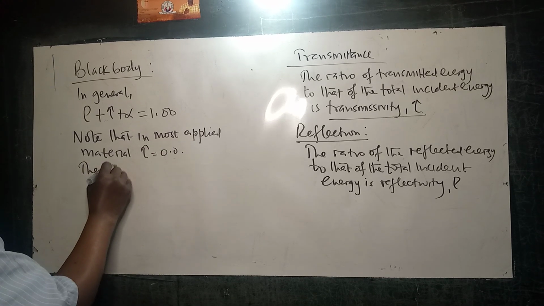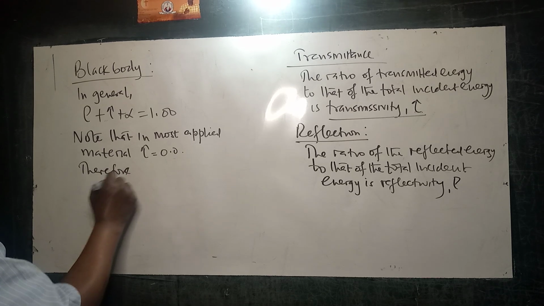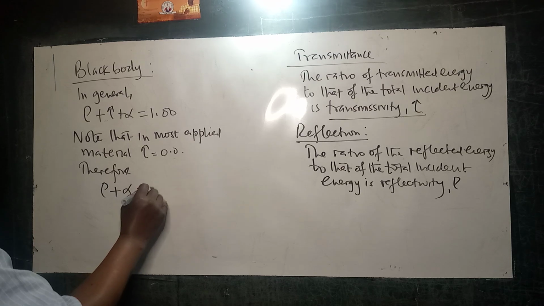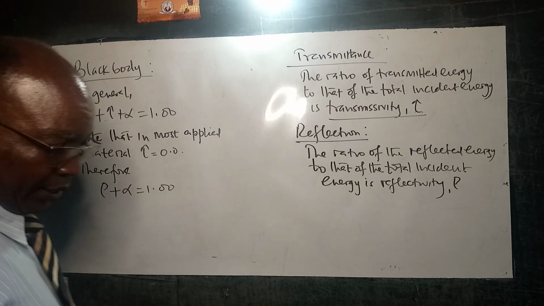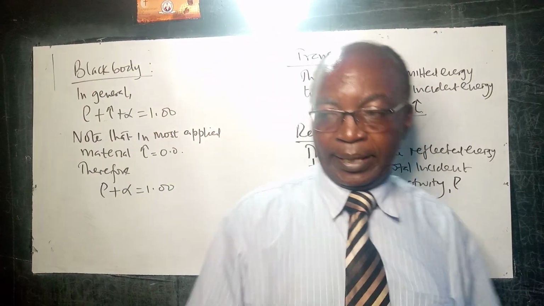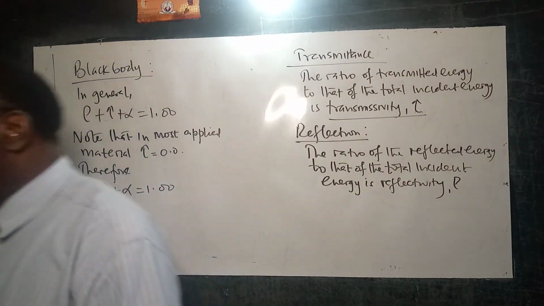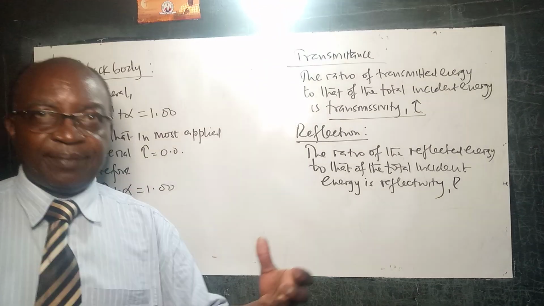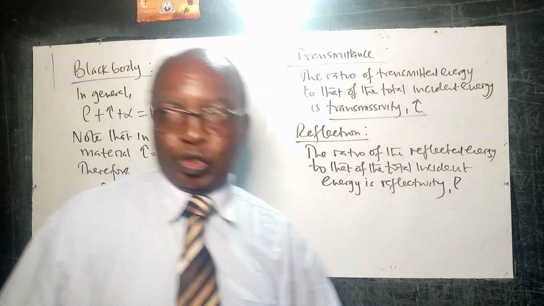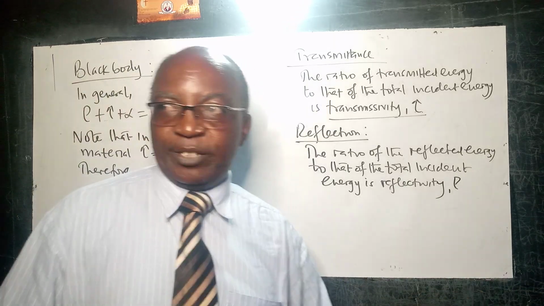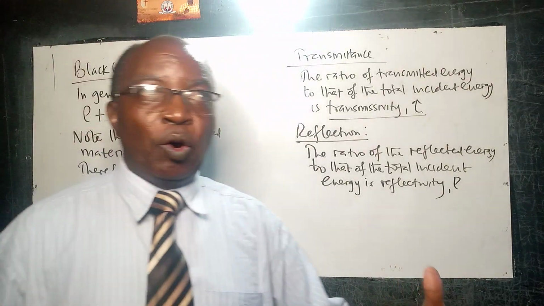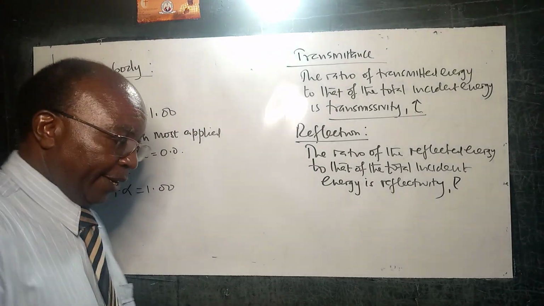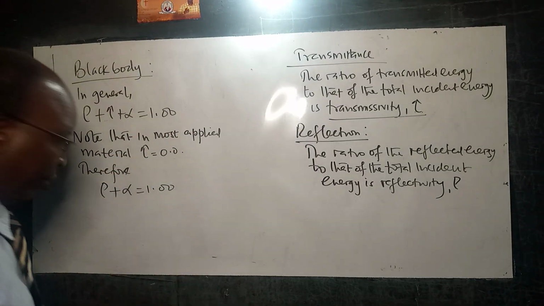Therefore, you can always assume that rho plus alpha will be equal to 1 in those particular cases. Now, a black body or a black surface is one where the absorbed energy equals the total incident energy. In other words, it totally absorbs the radiation impinging on the surface.